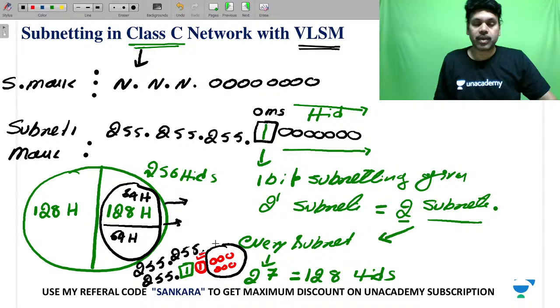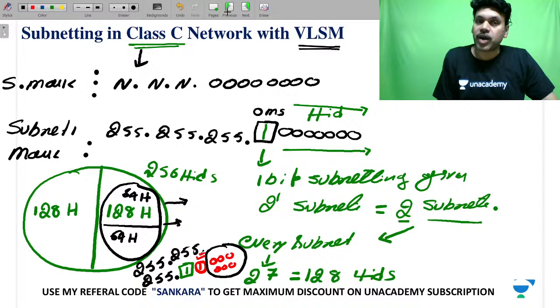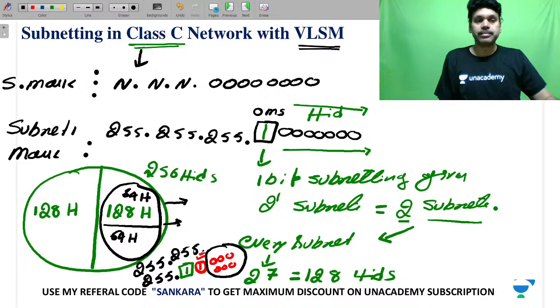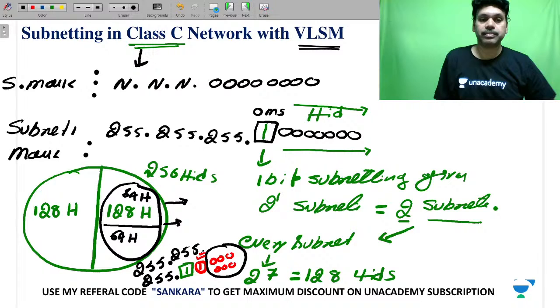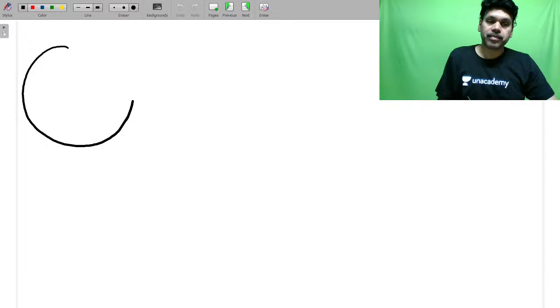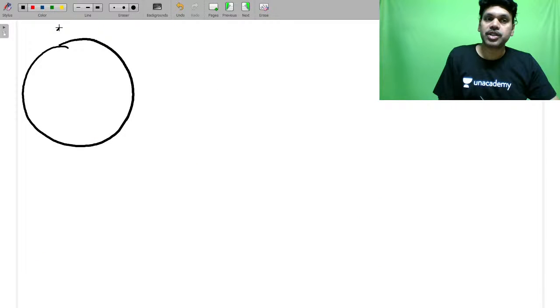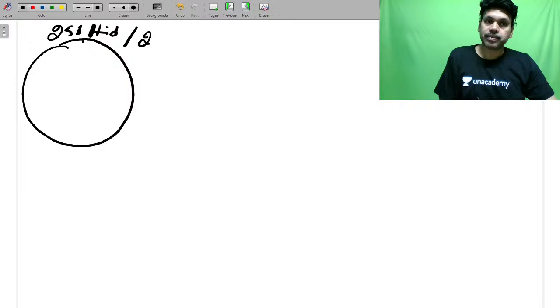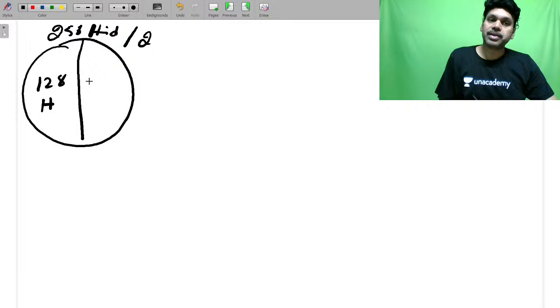Okay. Now let us do it clearly. Your 256 HIDs are split into 2 parts. One part got 128 HIDs and the other part also got 128 HIDs.